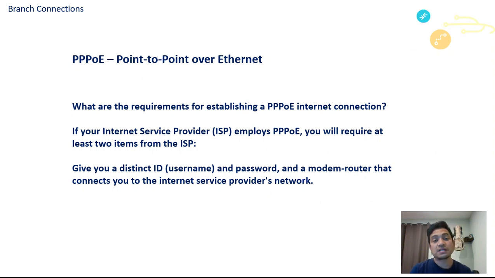If your service provider or ISP employs PPPoE, you will require at least two items from the ISP. They will give you a distinct ID, or the username and password, and the router that connects you to the service provider network. So once you establish a connection from your home, from your modem going to the ISP, you will be able to get an internet connection.